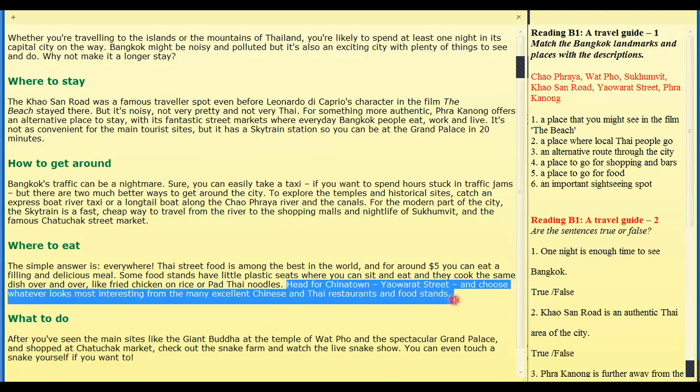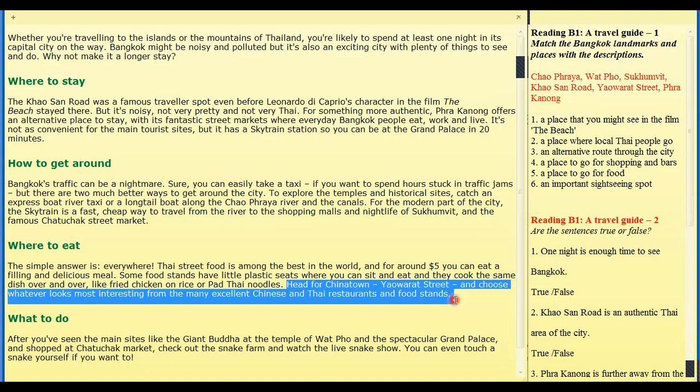Head of Chinatown, Yaowarat Street, and choose whatever looks most interesting from many excellent Chinese and Thai restaurants and food stands. So when you go to Yaowarat Street, you could find Chinese food and Thai restaurants and food stands located on the street over there.